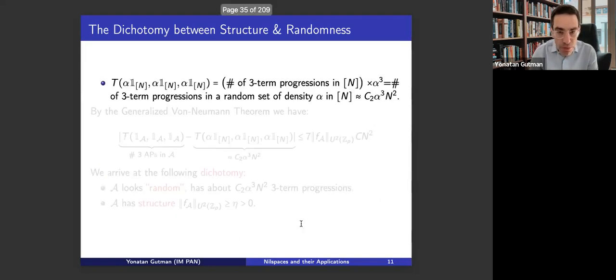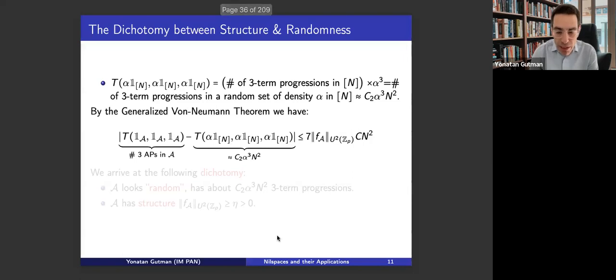And this is useful because then we can apply the generalized von Neumann theorem and bound each one of these 7 terms by the 2 Gowers norm of f_A. Of course, because everything here is non-normalized, and the generalized von Neumann theorem was with normalization, we have some constants appearing.